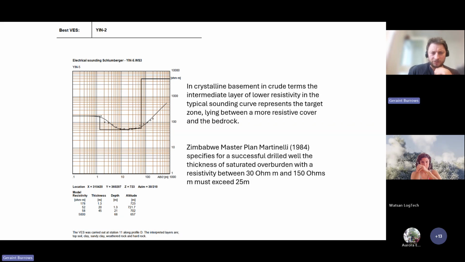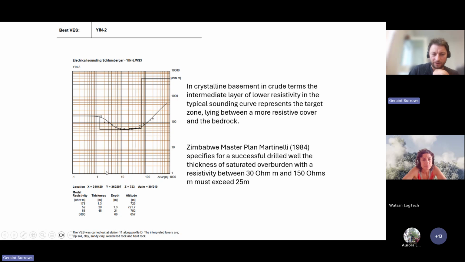Actually, you can see here's a curve for crystalline rock, and in this particular paper, this author specifies that for a successful drilled well in Zimbabwe, the thickness of the saturated overburden has to have a resistivity of between 30 and 150 ohm-meters and must exceed 25 meters.